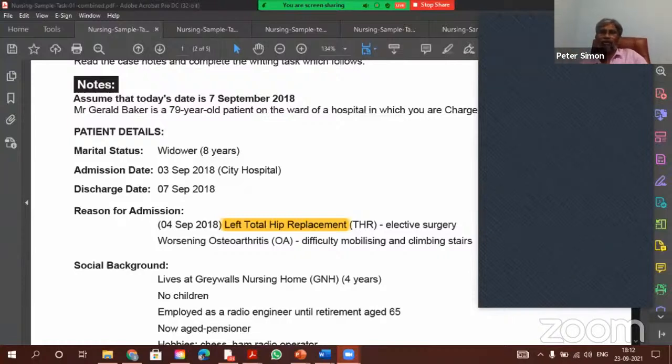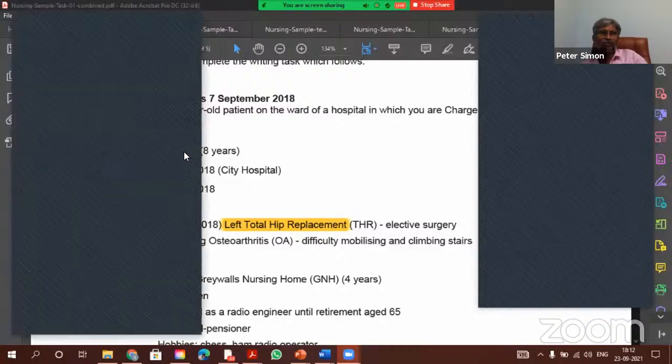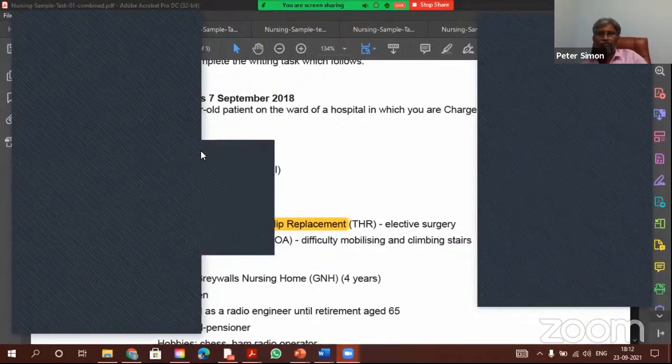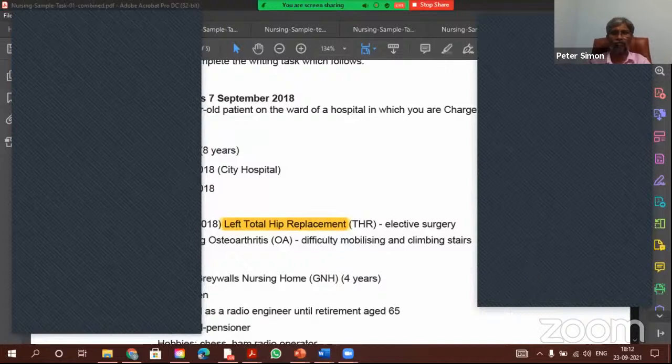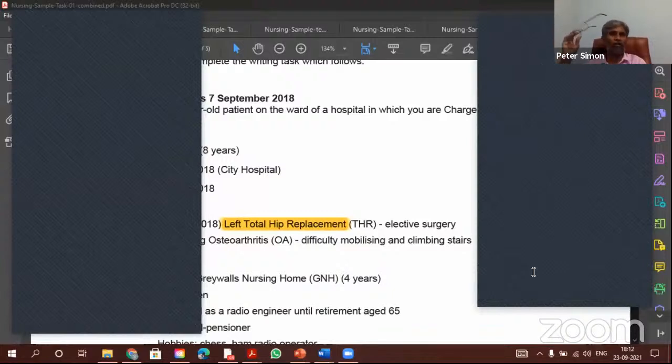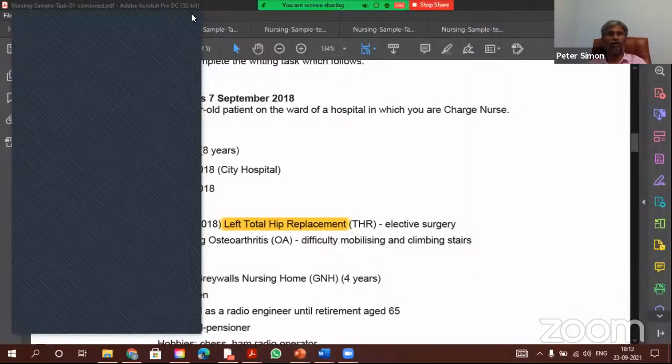Write down in your notebook one sentence, and afterwards, write down one sentence using the words left total hip replacement.